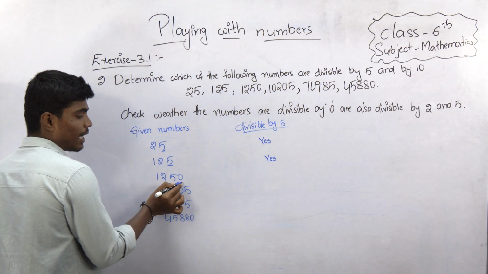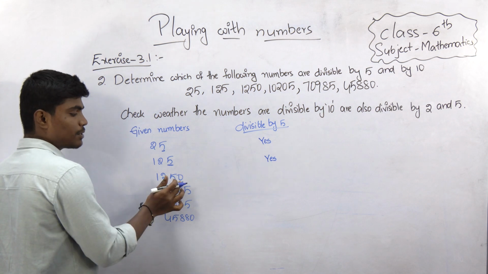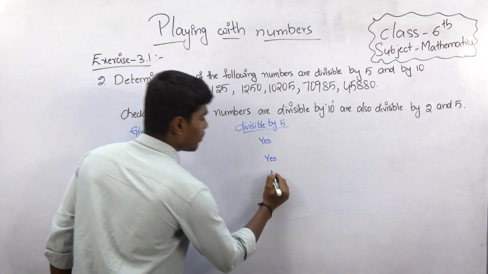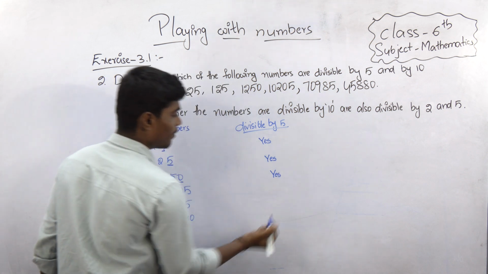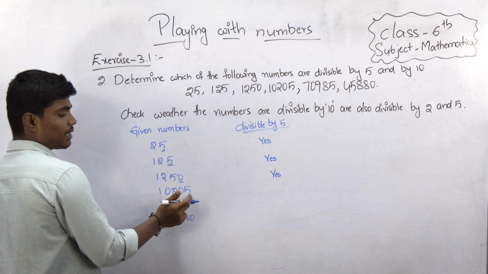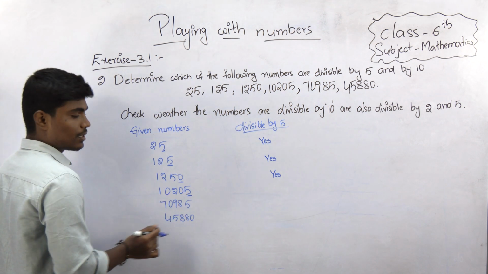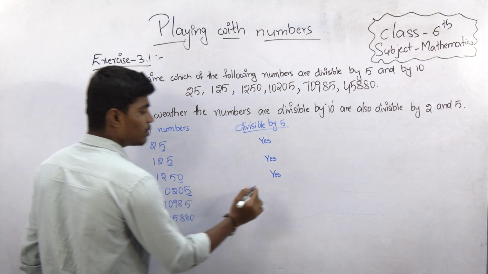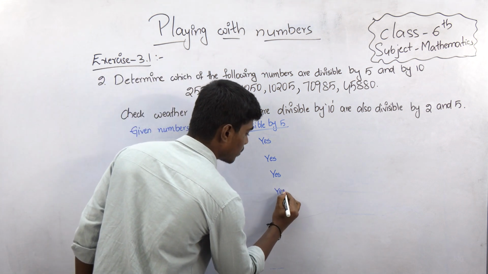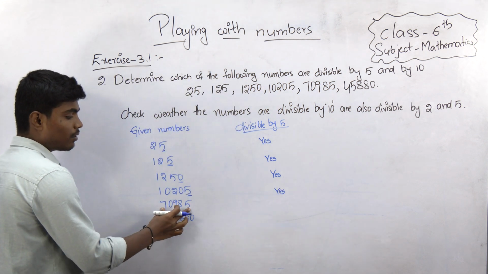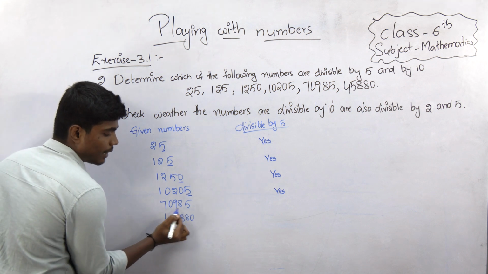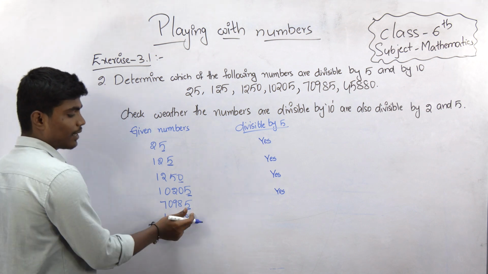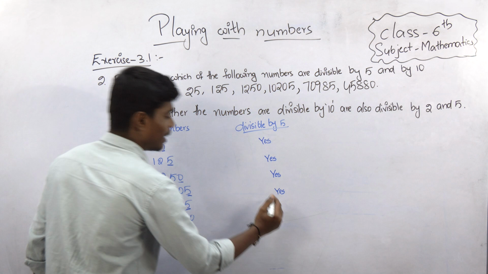Here we have 0 in ones place. So this number is also divisible by 5. Here in this number in ones place we have 5. So this number is also divisible by 5. Coming to this number, in ones place we have 5. So it is divisible by 5.